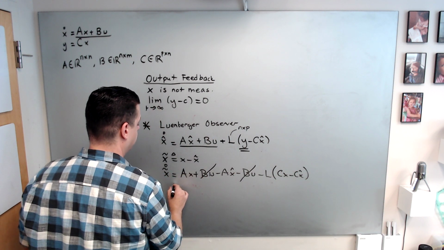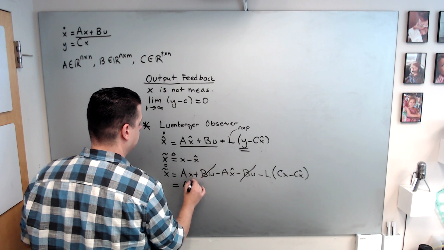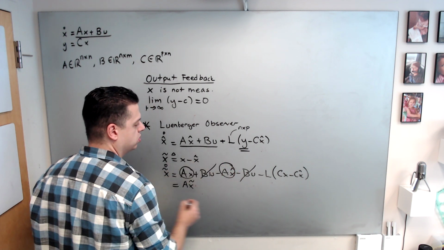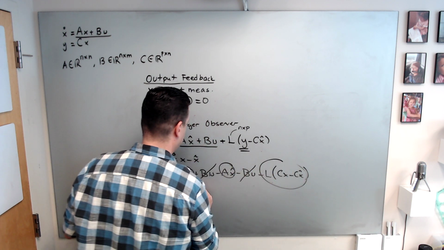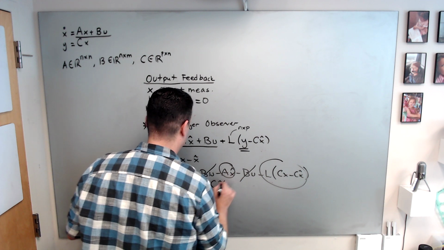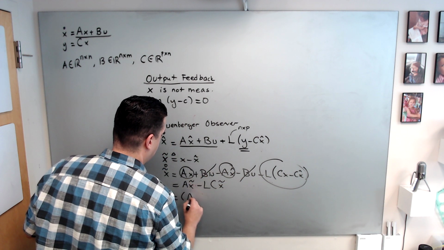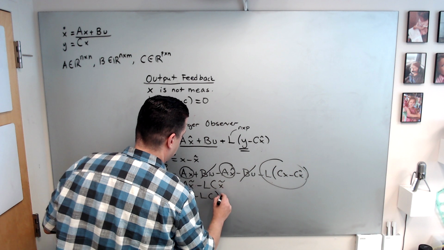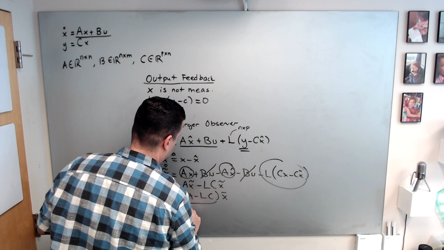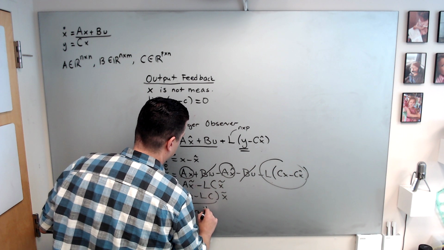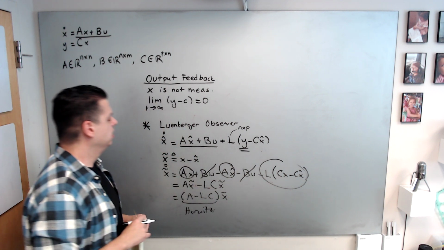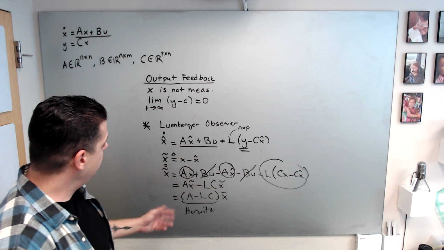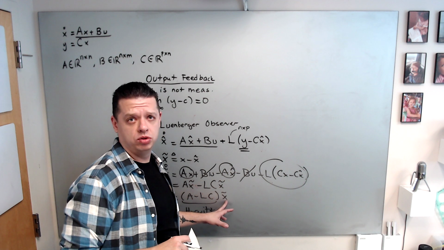We have A X tilde from these two terms. Likewise, from here we have L C X tilde, so we have A minus L C times X tilde. Now, you are going to choose L to make this Hurwitz. Why? If this is Hurwitz, then X tilde will go to 0.